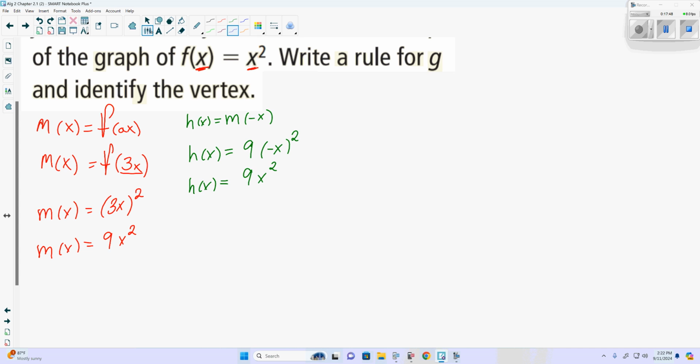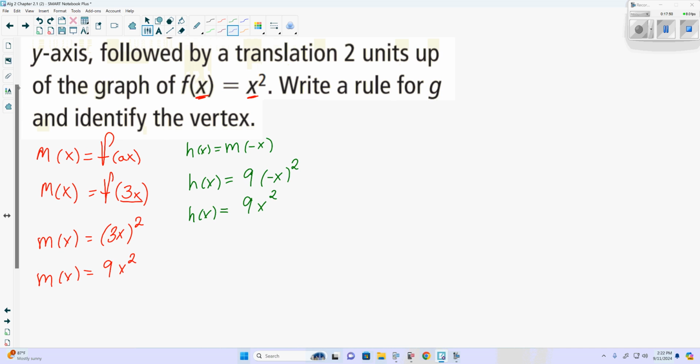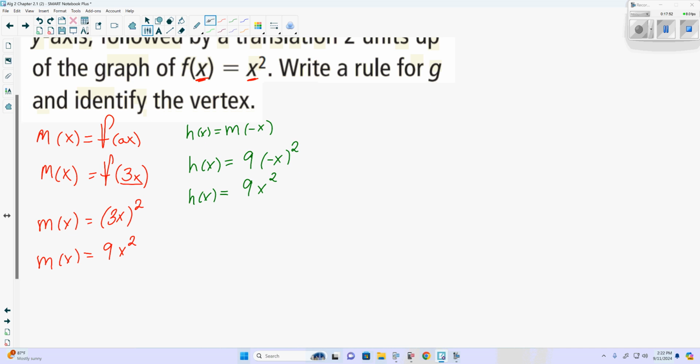And the last one is 2 up. G of x equals h of x plus k. Well, our k value would be plus 2.